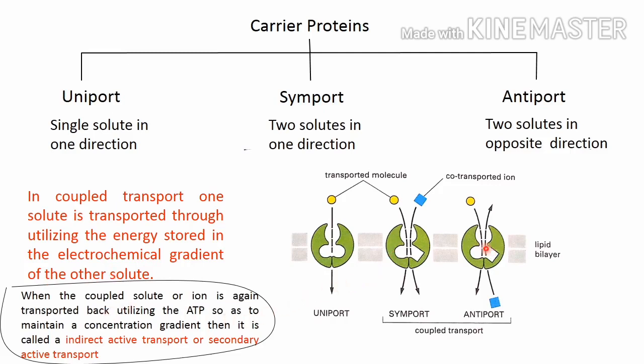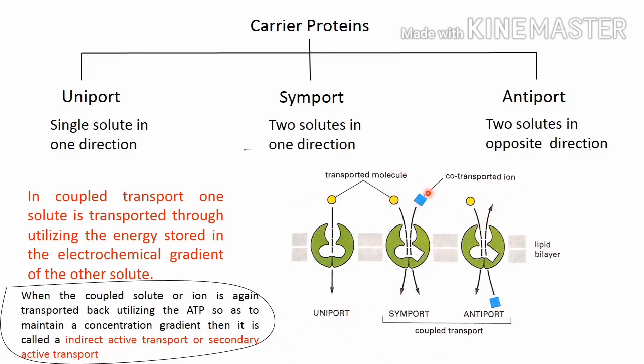And these carrier proteins, when utilizing ATP energy, are known as active transport. As we can see here, when the coupled solute or ion is transported back utilizing ATP so as to maintain a concentration gradient, it is called indirect active transport or secondary active transport. How can we understand it?